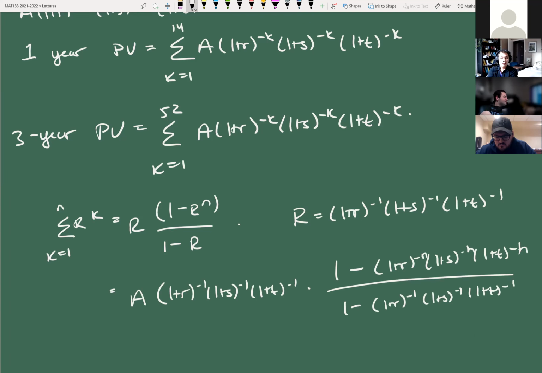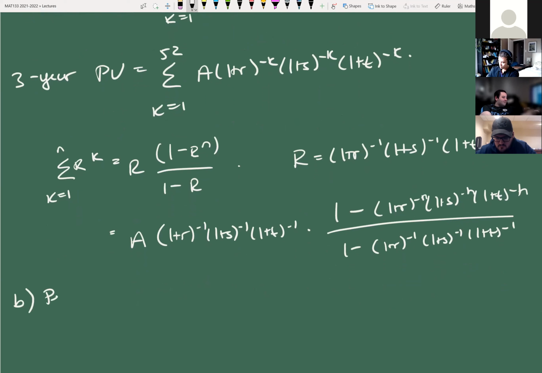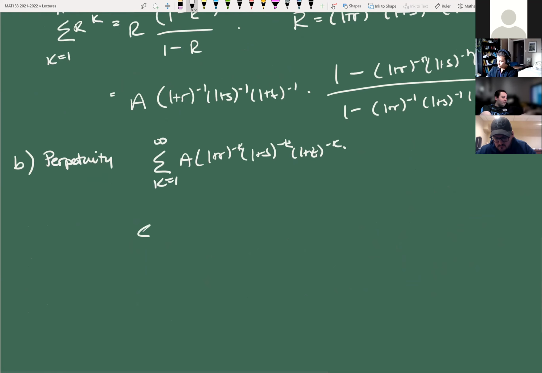And then it says you're going to convert that into a perpetuity. Great. So for a perpetuity, you would just make it k equals 1 to infinity, right? A times 1 plus r to the negative k, 1 plus s to the negative k, 1 plus t to the negative k. And what's our formula?